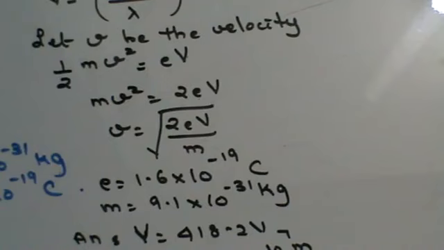What voltage must be applied to an electron microscope to produce an electron of wavelength 0.4 Armstrong units?